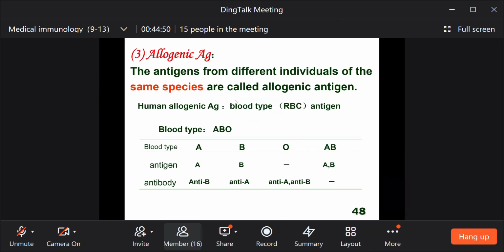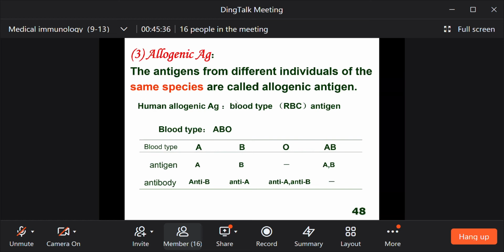The most simple example is the blood type antigen. Everyone knows their own blood type.